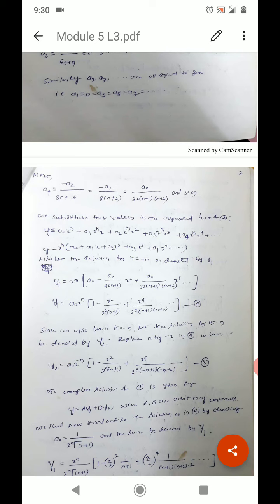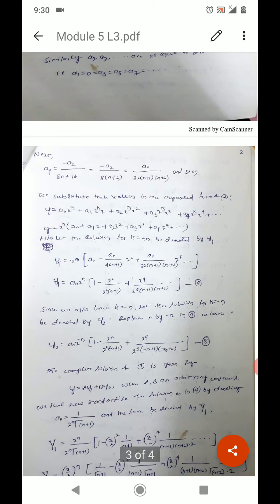Now substitute the values of a naught, a1, a2, a3, all the values. Then we get y1, for k is equal to plus n. So y1 is equal to x power n of (a naught minus a naught divided by 4 of (n plus 1) into x square. This is the value of a2.